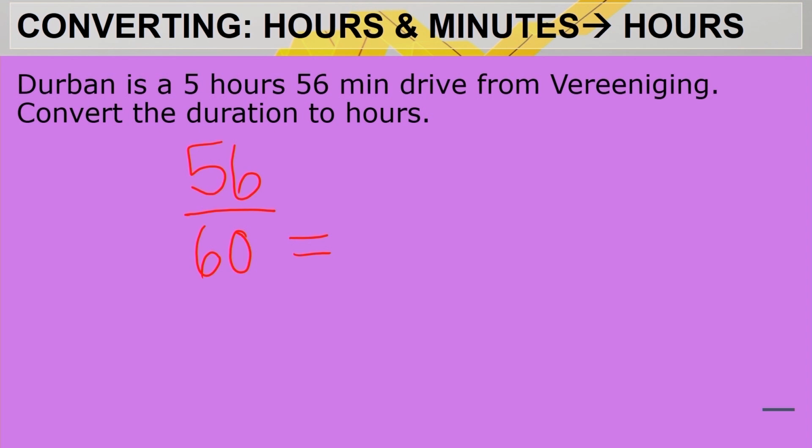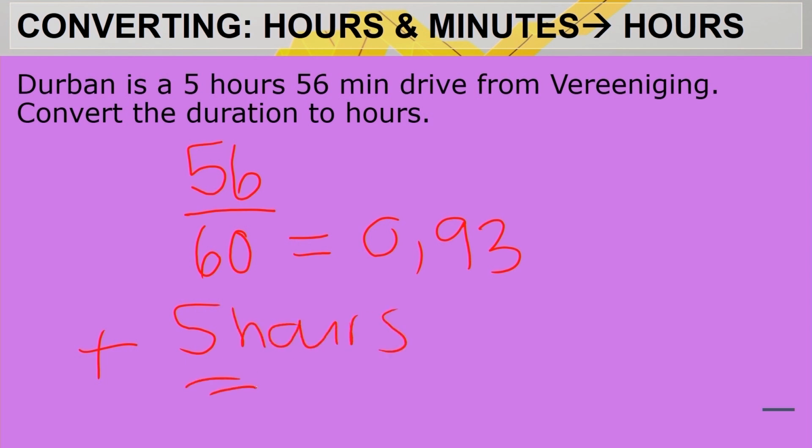Take your calculator, punch it in. 56 divided by 60 is going to be 0.93. And then I'm going to add the hours, and it's going to be 5.93 hours.